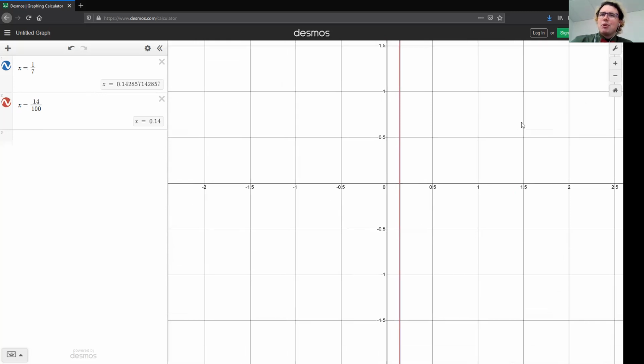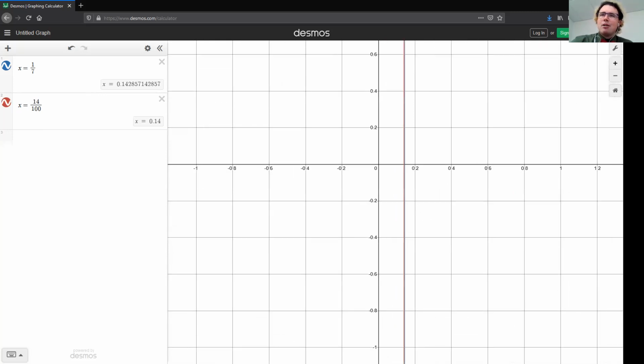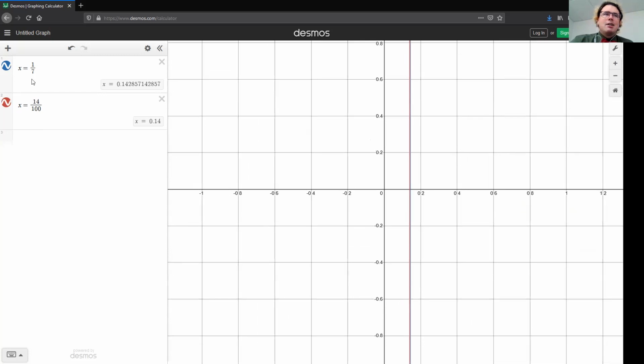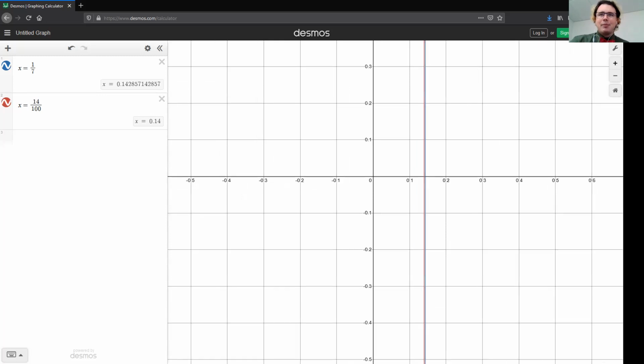Let me zoom in some more, see if I can do better. Okay, 1/7 is definitely a different number from 0.2, and it's definitely a different number than 0, but I'm still having some difficulty seeing that this number is different from 0.14. Let me zoom in further.